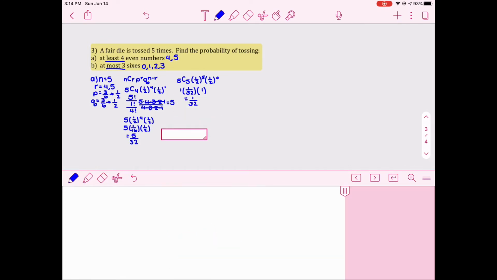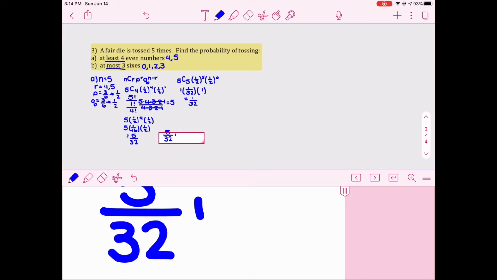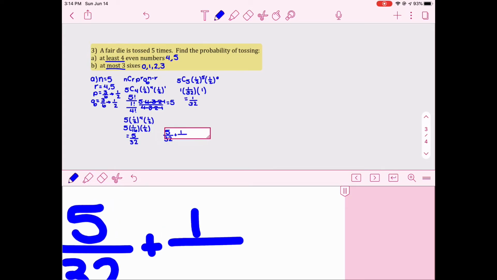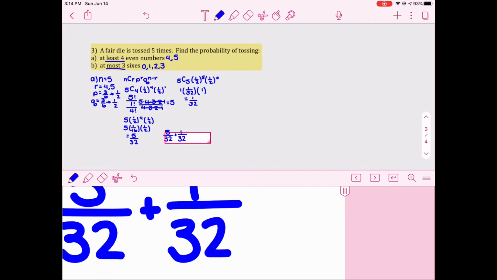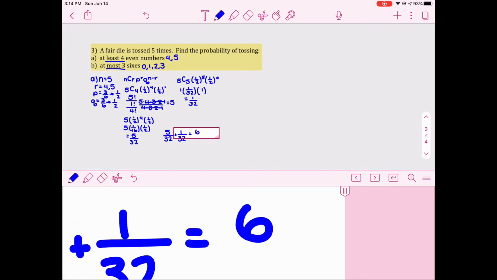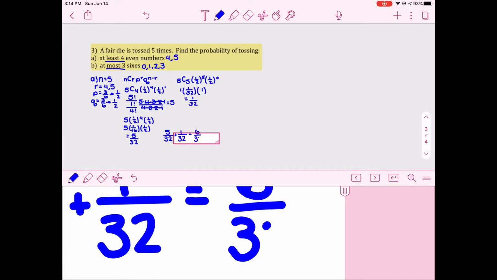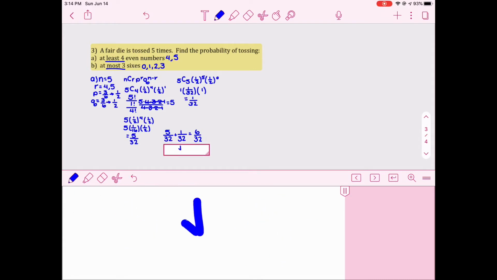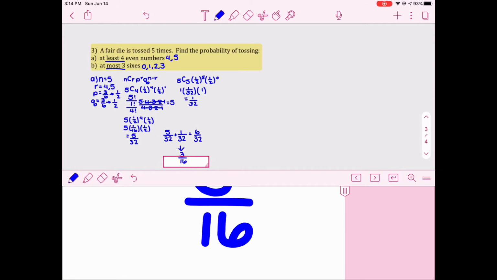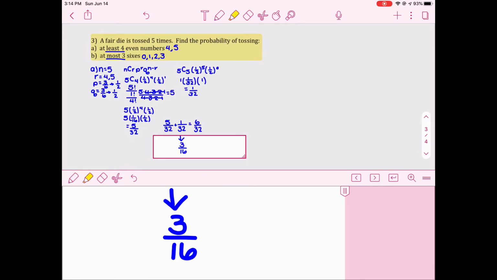Now we need to add both of those together to get the probability. So 5 over 32 plus 1 over 32 would equal 6 over 32. But we could put that into simplest form, which would be 3 over 16. And that's our final answer for part A.